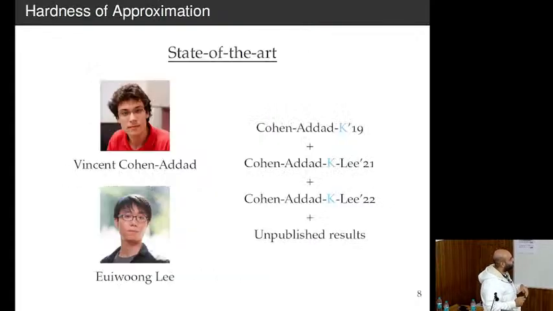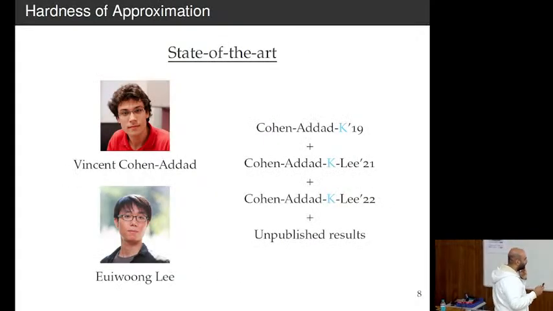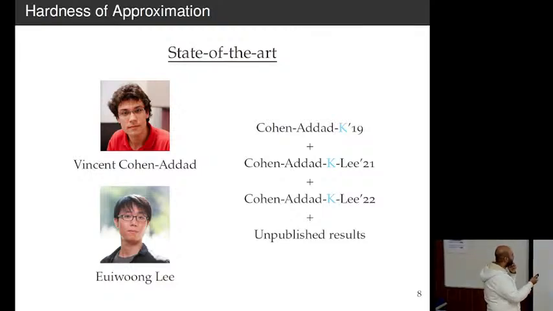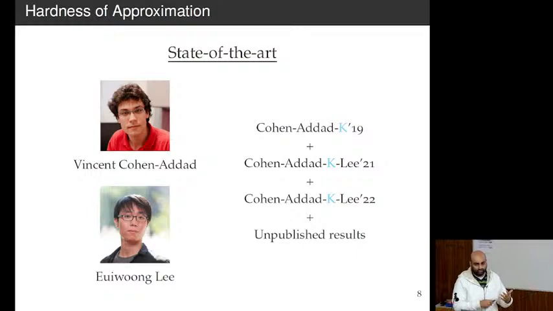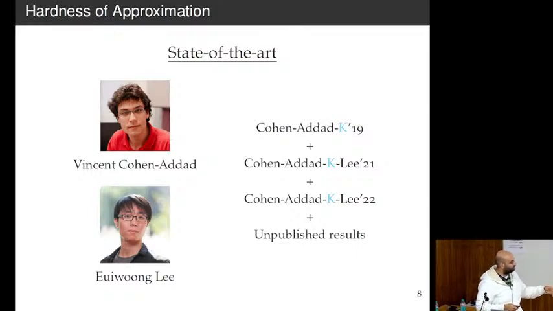In a bunch of works over the last 5 years with Vincent Cohen-Addad and Euiwoong Lee, we have these 3 papers and then there are some unpublished results. So this talk is mainly about putting all of these together and giving you a coherent story as to what the main takeaways from these papers are, even the ones that are not published.